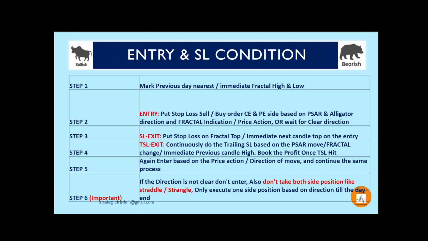Based on the price action, there is no need to wait. We can put the stop loss sell order also, based on our indication, and automatically when it crosses that level, the trade will execute.